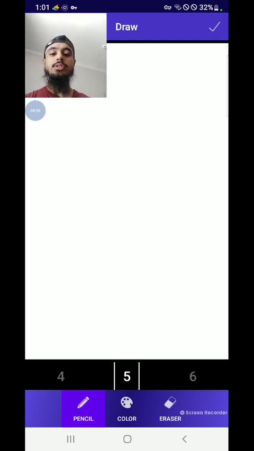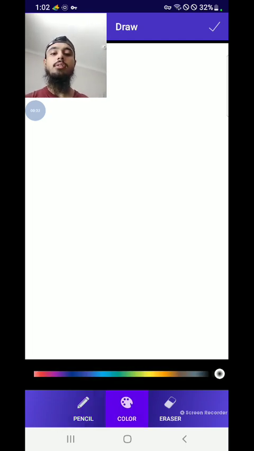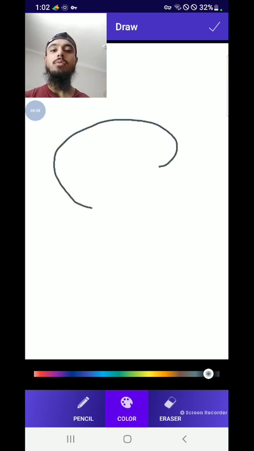First, I draw the lateral view of the brain and show the occipital lobe. This is our brain.